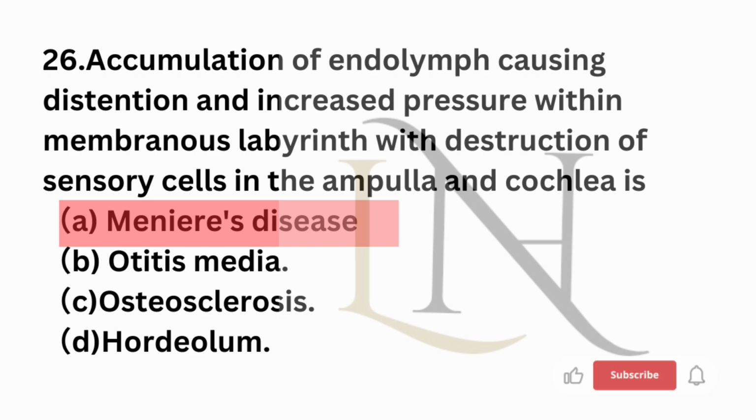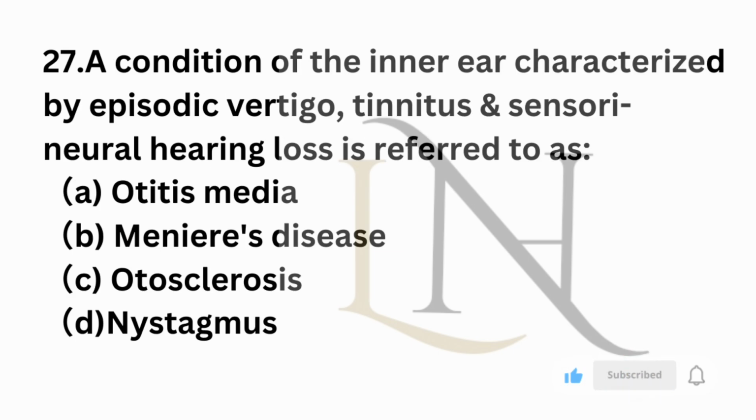Move to the next question. A condition of the inner ear characterized by episodic vertigo, tinnitus and sensorineural hearing loss is referred to as: option A, otitis media. Option B, Meniere's disease. Option C, otosclerosis. Option D, nystagmus.